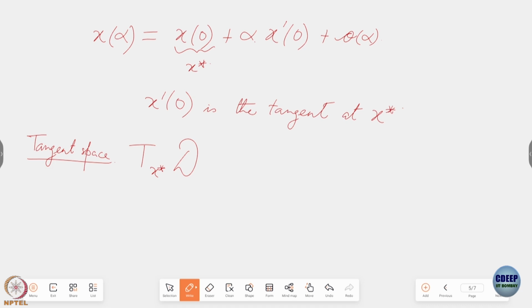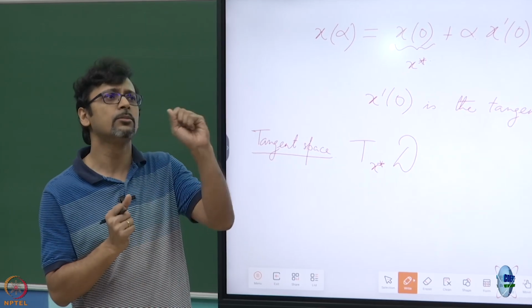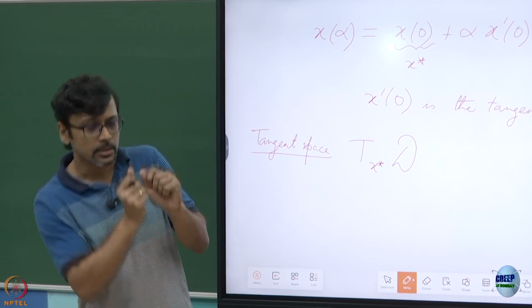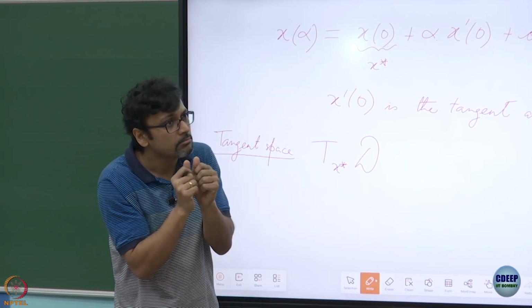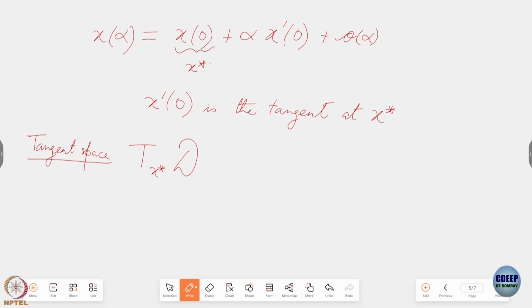Well, in order to understand that, we have to first figure out how we are characterizing this space D itself in terms of h. A tangent is a first order approximation of sorts of that x. So, let us look at this. h_i of x of alpha is equal to 0, isn't it? For i belonging to the set 1, 2, up to m, that is, all the m constraints are met, isn't it?